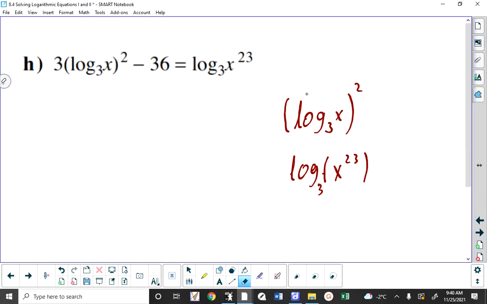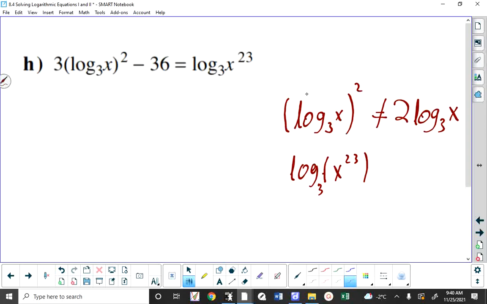But if you were to write 2 log base 3 of x here, that would be incorrect. My point is you cannot bring that 2 down in front, because that 2 is not an exponent on the argument, it's actually an exponent on the whole logarithm.